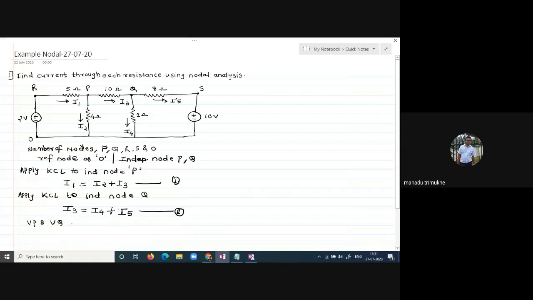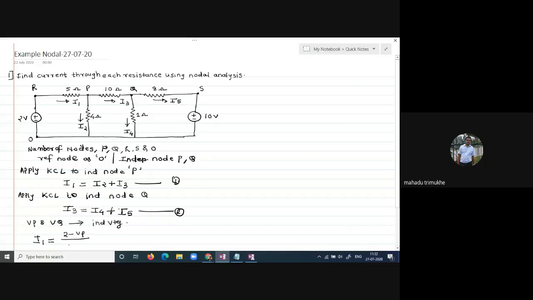Now the currents are expressed in terms of voltage. Whatever current is at an independent node, you have to express in terms of voltage. So I1 is equal to (2 minus Vp) divided by 5.